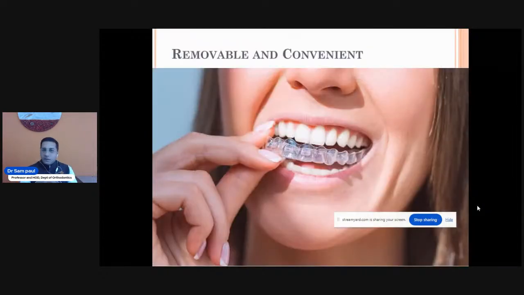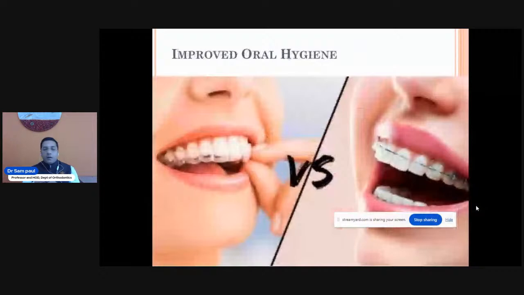Again, it's removable and it's convenient. One of the main advantages of aligners is removability. Unlike braces, which are fixed in place throughout the treatment duration, clear aligners can be removed whenever it is necessary. Again, as I told you before, improved oral hygiene.